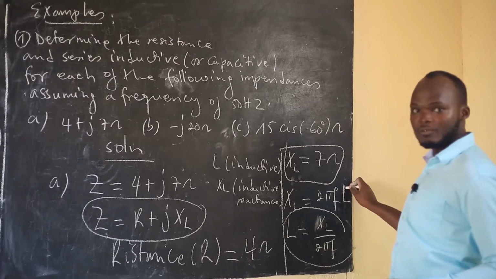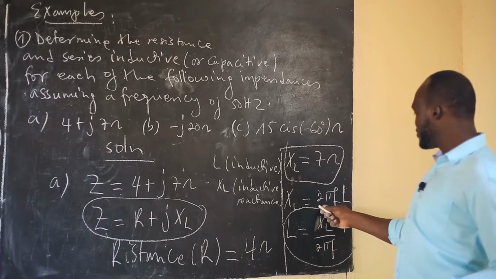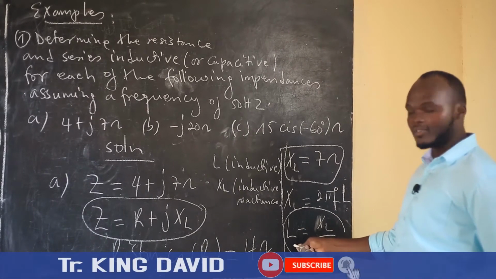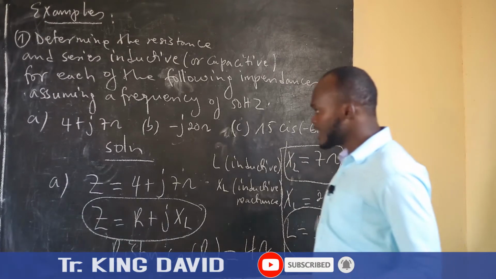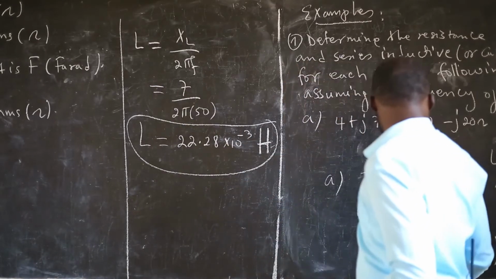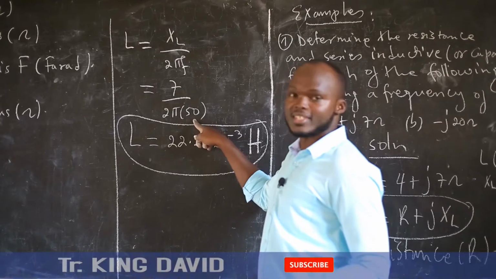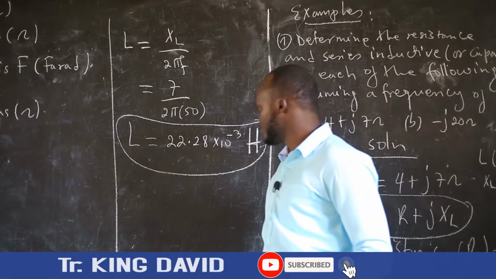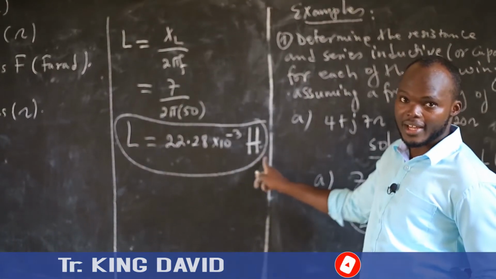To get this inductance, we have to make it the subject of the formula, so we divide both sides by 2 pi f. So inductance is equal to XL over 2 pi f. Our XL is 7, divided by 2 pi f, with our frequency 50. So now the answer is 22.28 times 10 power negative 3 Henry.